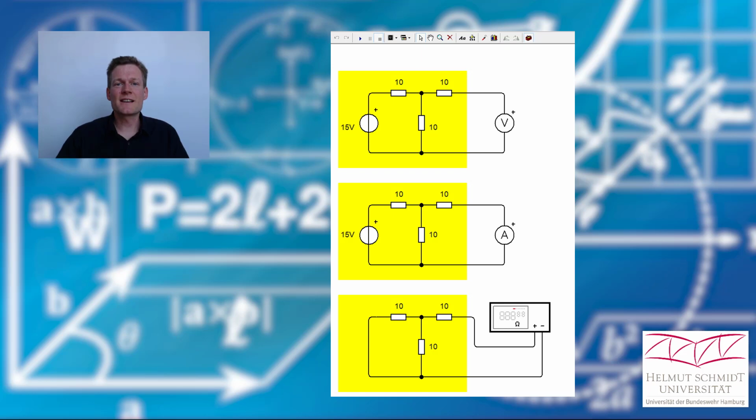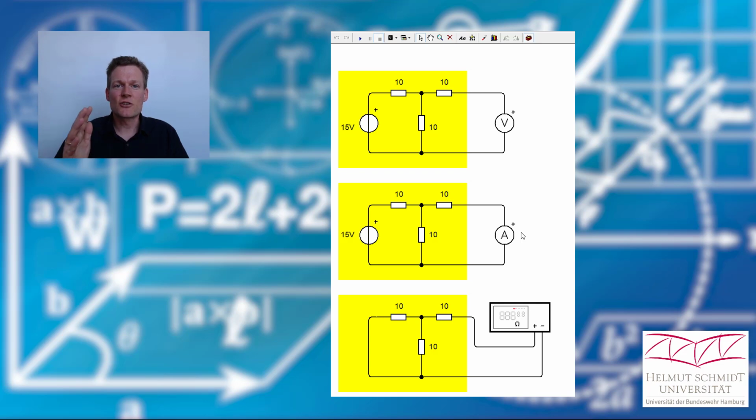So, and here's the last experiment for today. We have here our example circuit 3 times. In the first circuit here, I will measure the open loop voltage. So this is an ideal voltmeter. In the second circuit, I have an ideal ammeter here.